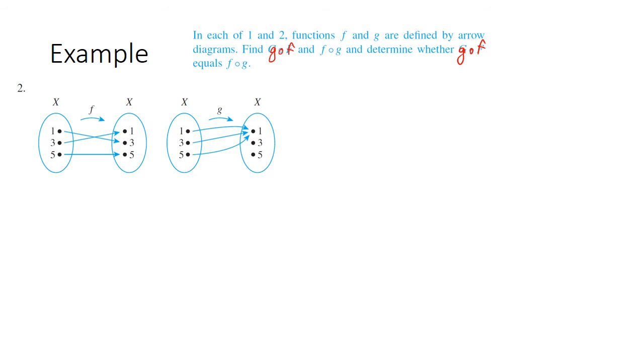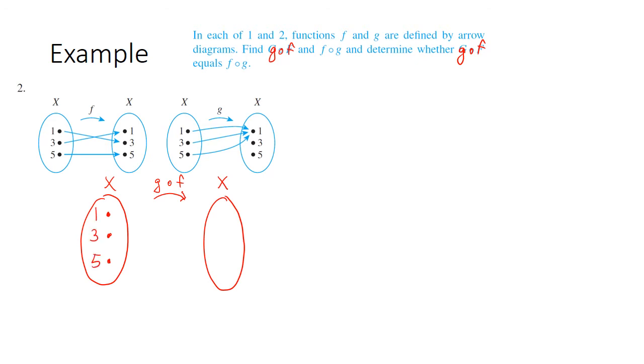So we're going to shorten up and just go from x to x by, first I'm going to do g of f. So let me label my elements here. So I have 1, 3, 5, and 1, 3, 5.